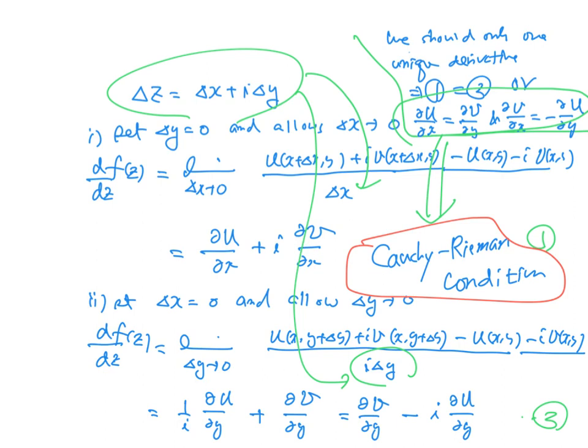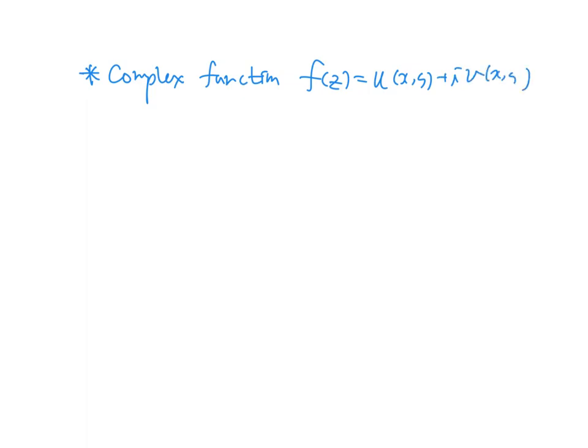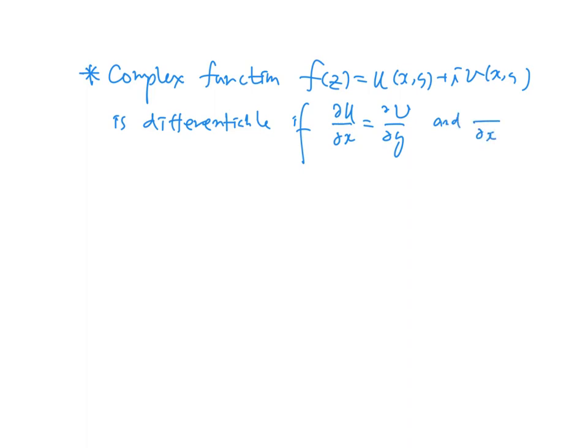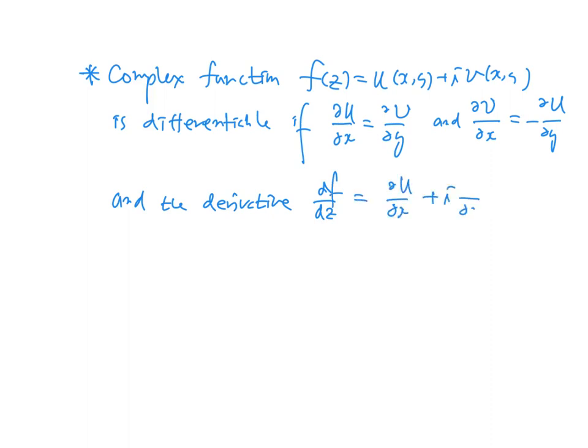Oh, I have done this wrong. So, f(z) is differentiable if partial u over partial x is partial v over partial y, and partial v over partial x is minus partial u over partial y, and the derivative df/dz is very simply partial u over partial x plus i partial v over partial x.